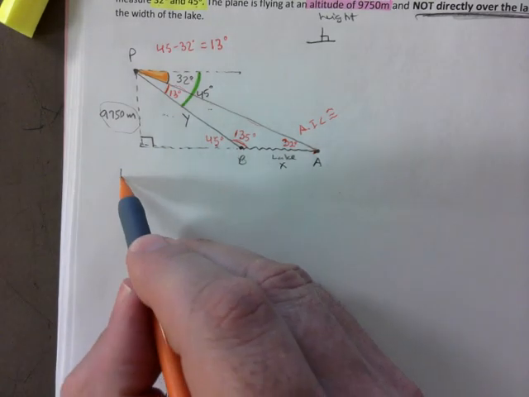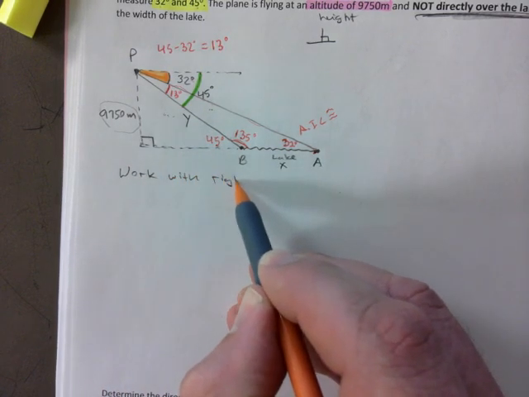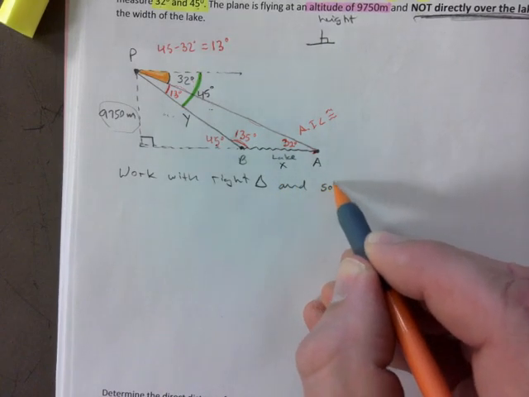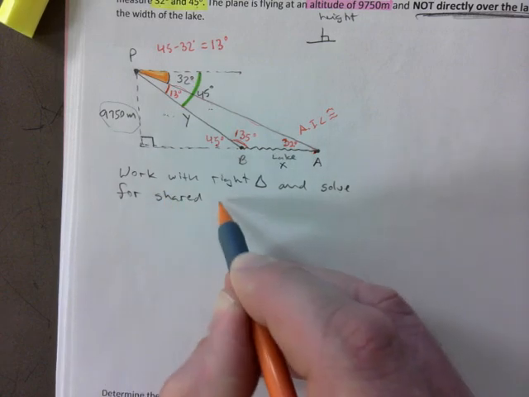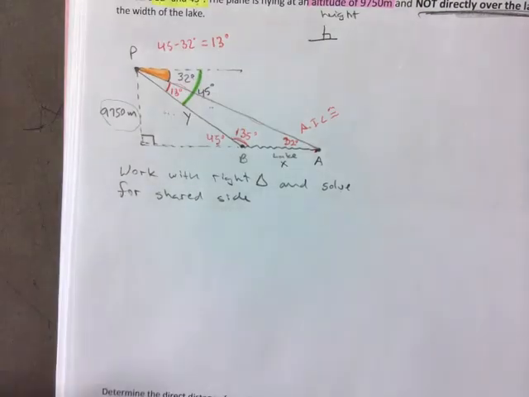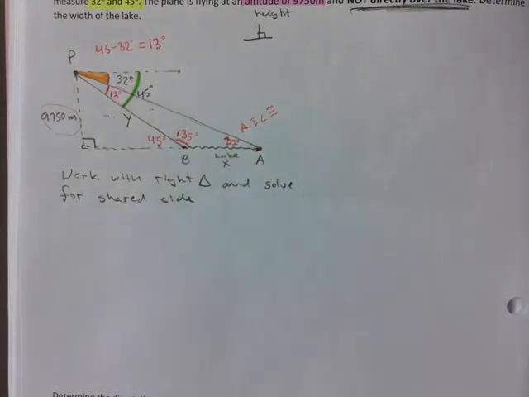Okay, so work with right triangle and solve for shared side. Okay, that would not have been in the key probably if you did this, that detail there. Work with right triangle and then shared side.